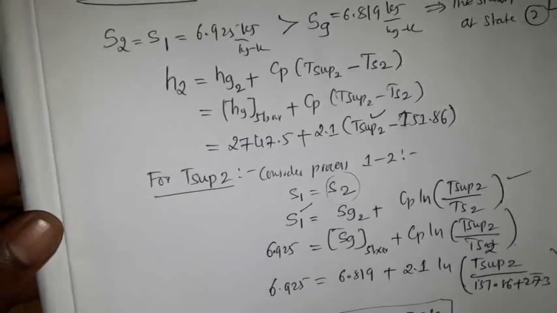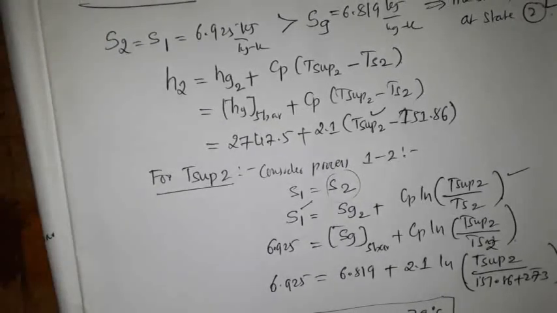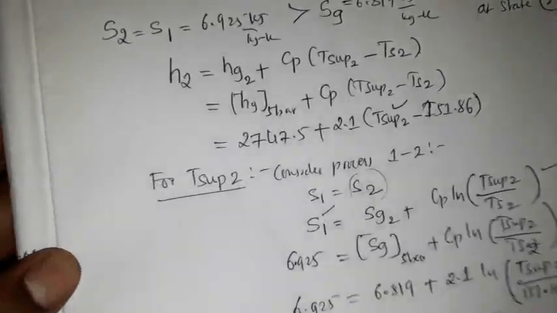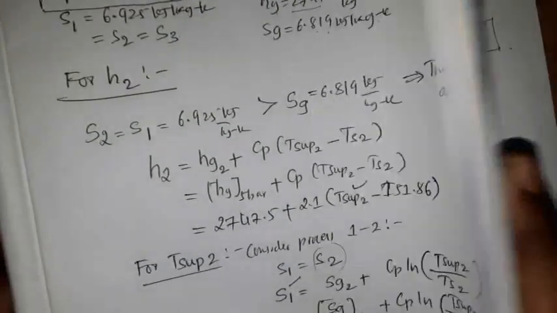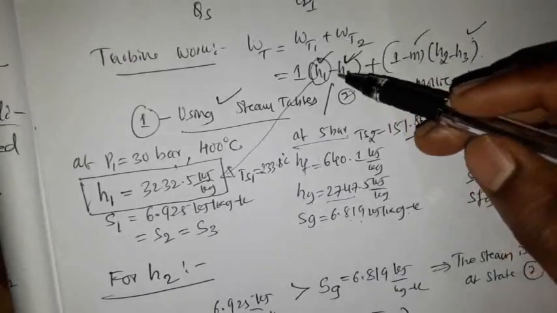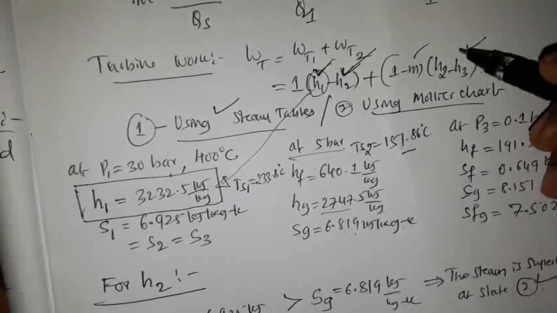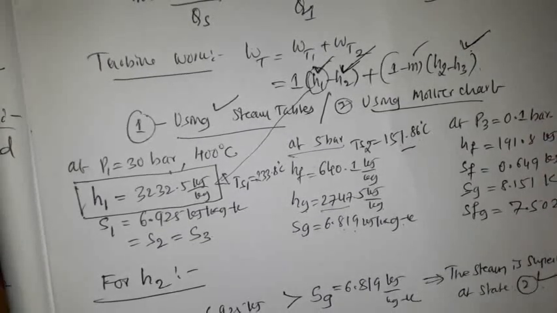Similarly, I need to calculate the enthalpy at state 3, that is, the H3 value is required for me, because in the turbine work formula I obtained the H1 value and H2 value now, but I need the H3 value also.